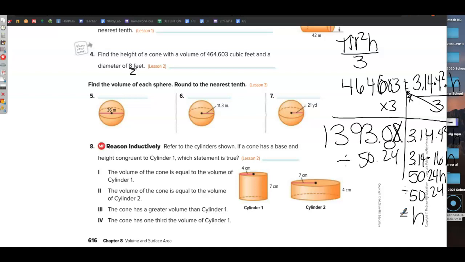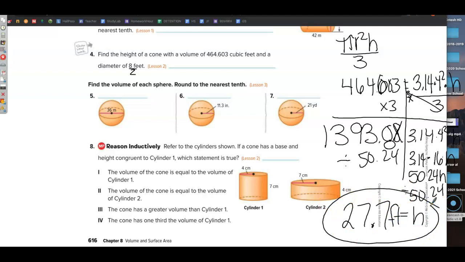Jude, what do you get? You get 27.7. Okay, guys, if I'm only requiring you to type it in your calculator and I'm doing most of the work for you, you need to at least type it in your calculator.